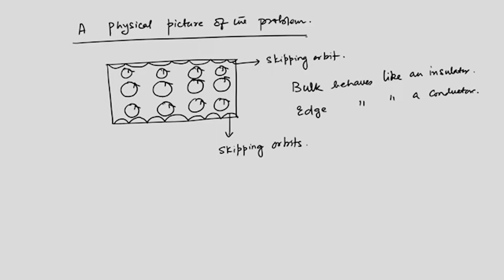They have different names. The bulk is called an insulator or gapped system, where the energy level is gapped. That's why it's called an insulator. And the conductor is sometimes called the metallic edge, metallic because they are conducting edges. Because of this ambiguity in the behavior of the bulk and the edges, they are called topological insulators.